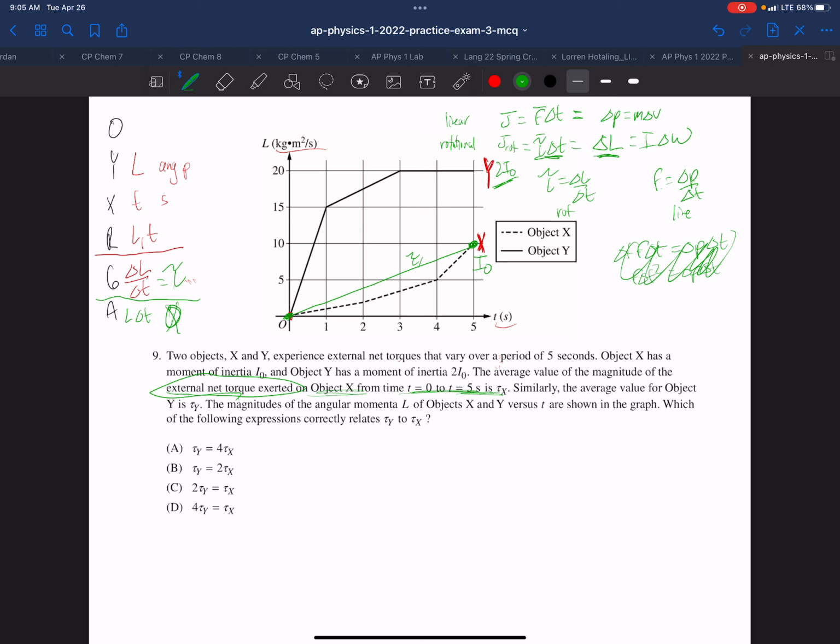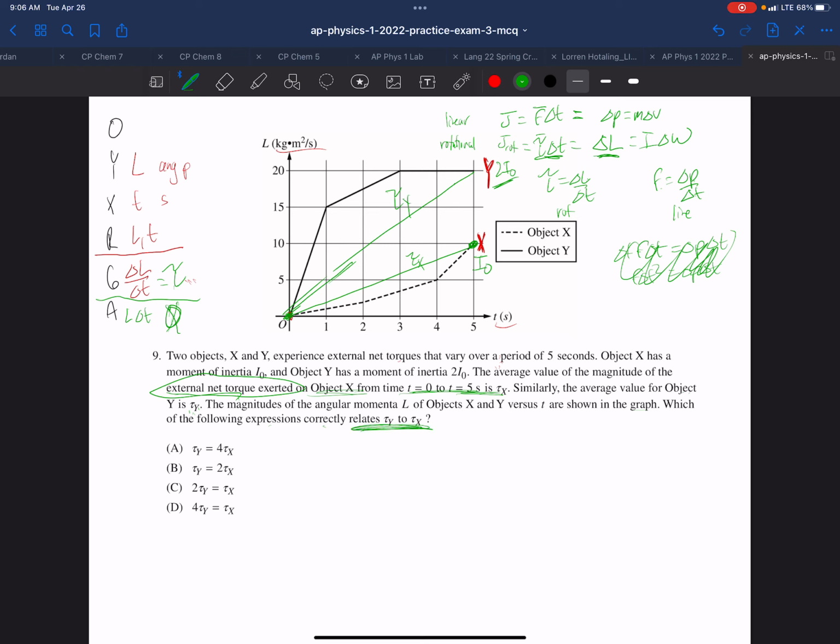The average torque on x. Similarly, the average value for y is the torque on y. So that would be the average torque on y. So these are shown on the graph. Which of the following expressions correctly relates y to x?